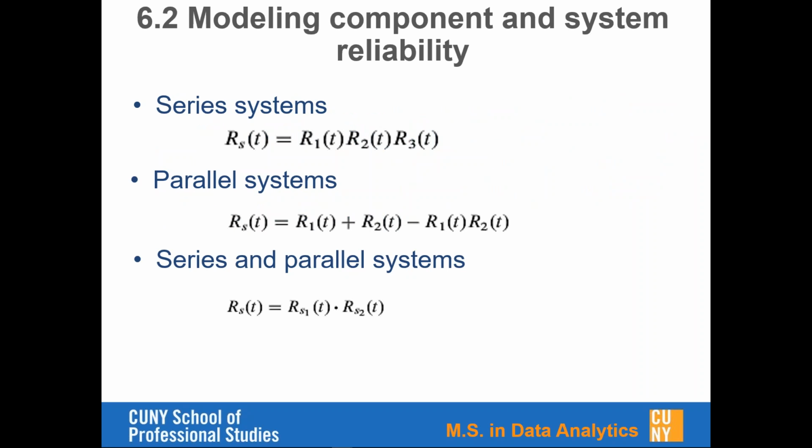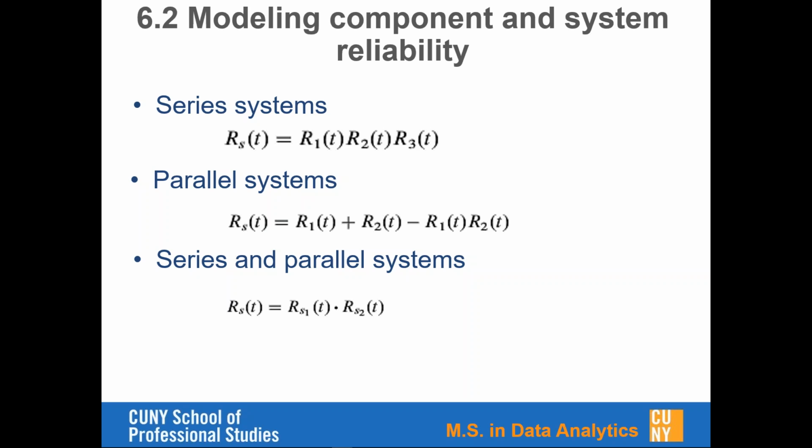And then for a series system, the reliability of that series system is the multiplication of the reliability of each component, and then you get the final reliability of the system.